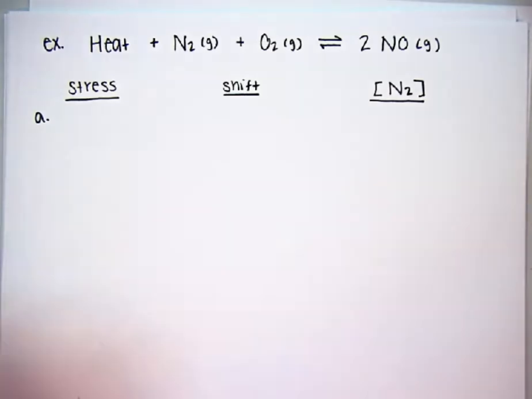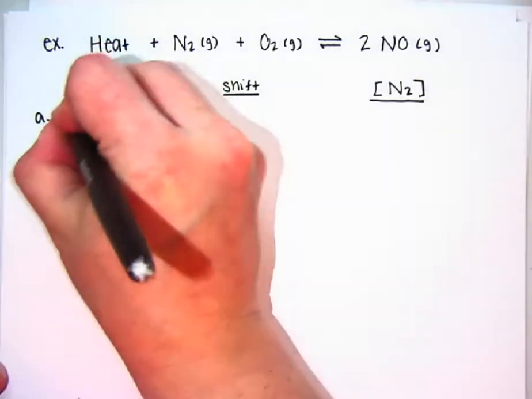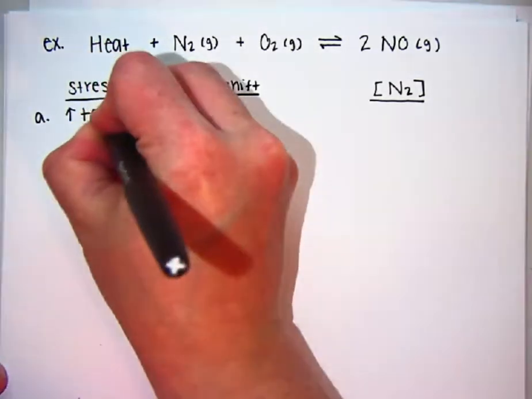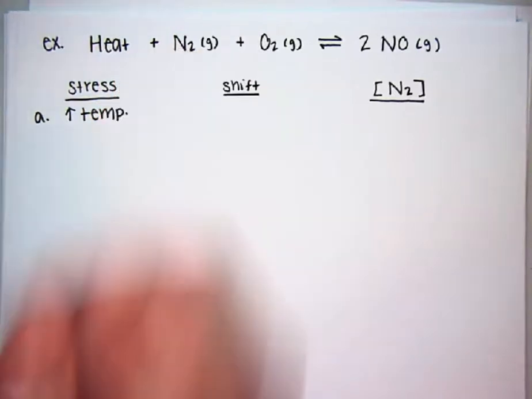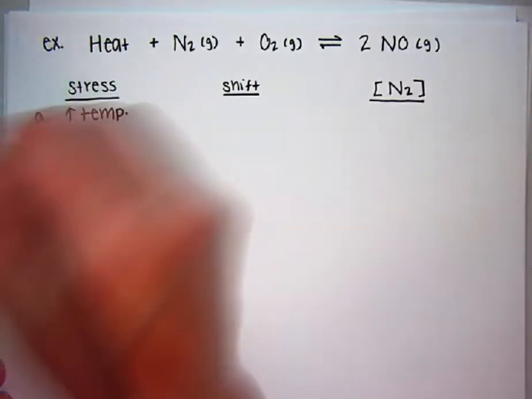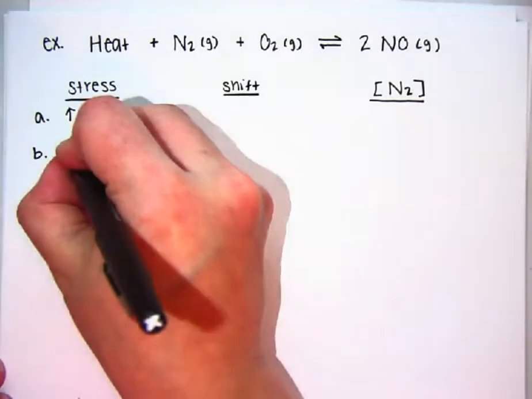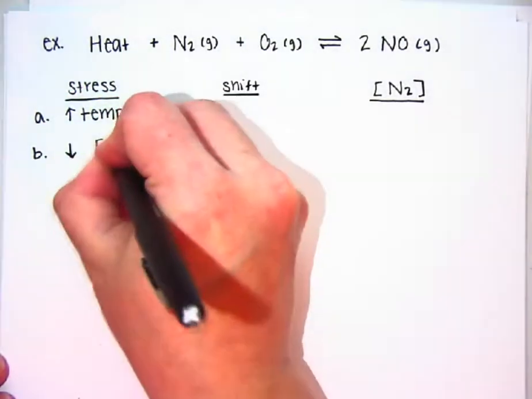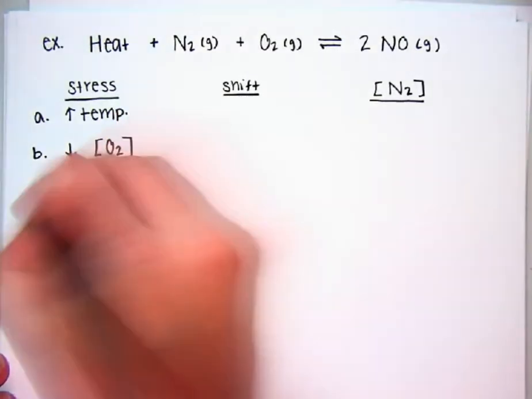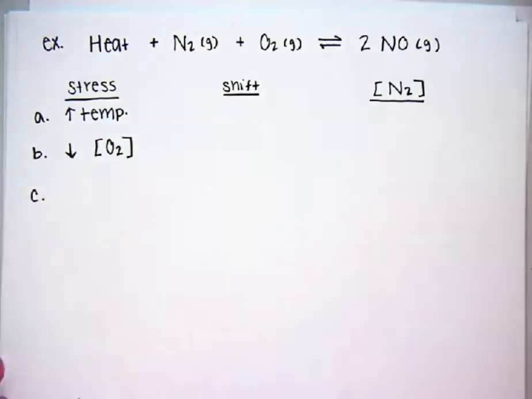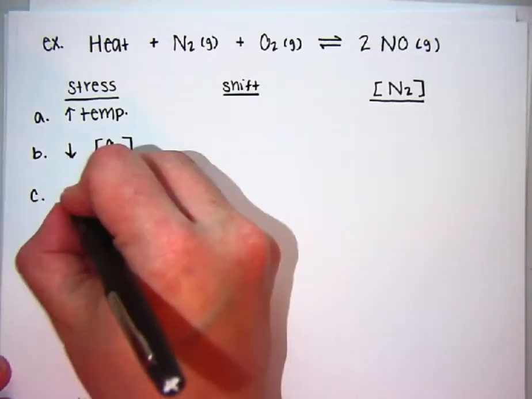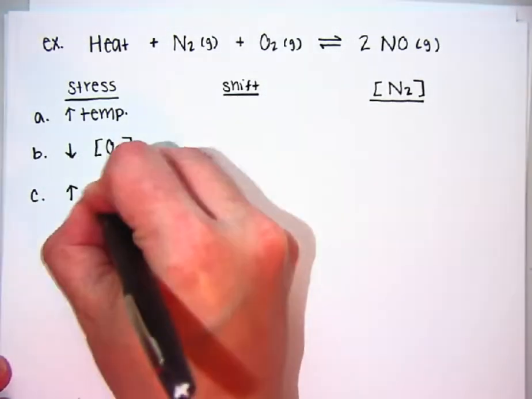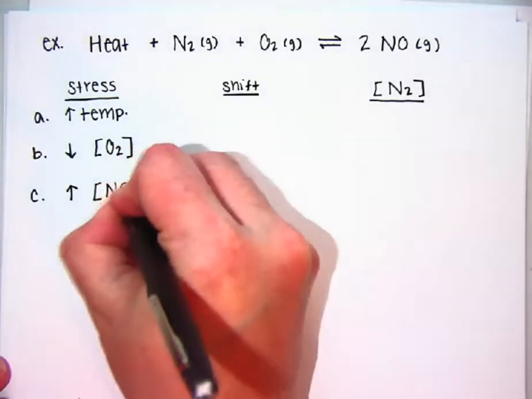First stress: increase temperature. Let's decrease the concentration of oxygen. Let's increase the concentration of nitrogen monoxide.